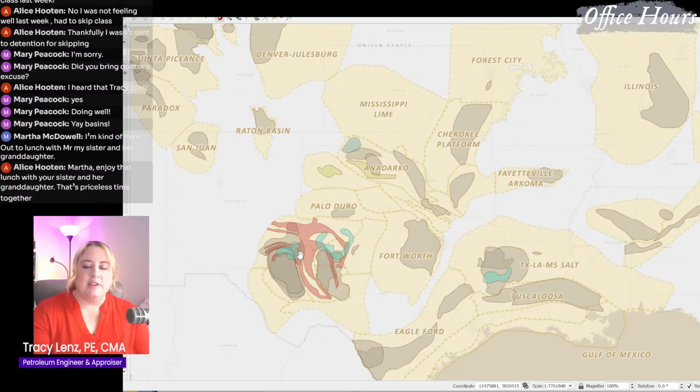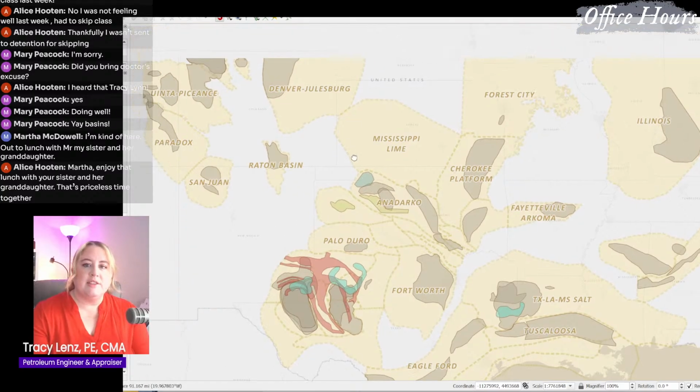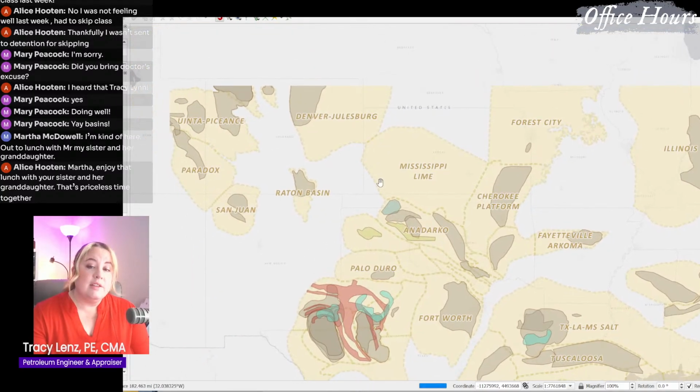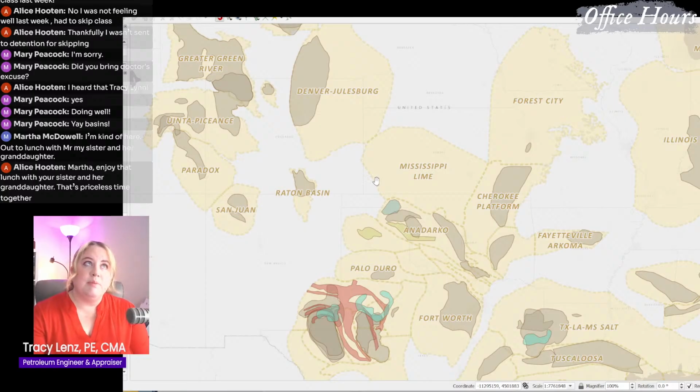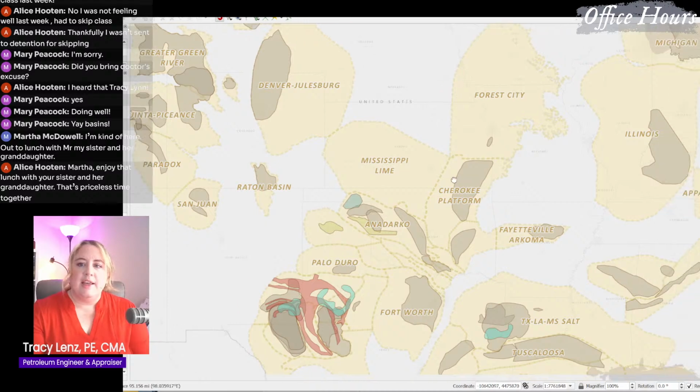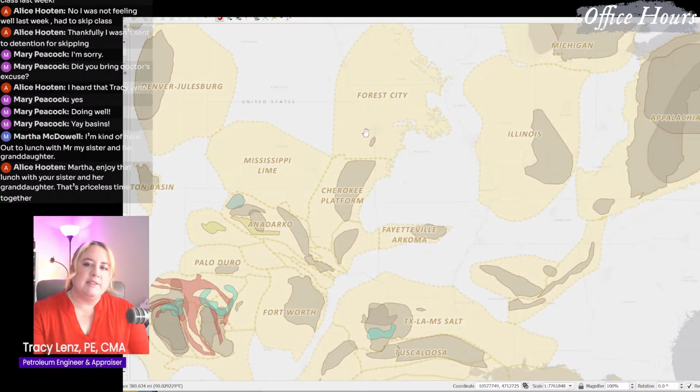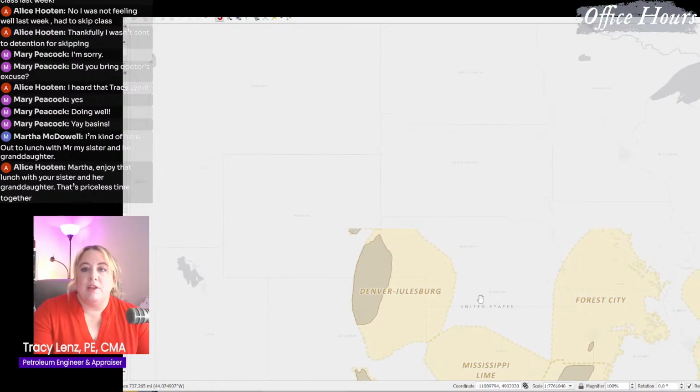That's what we're looking at here: these sedimentary basins are the places that oil and gas are most likely to be found, and that's these yellow outlines. Some basins have several different names depending on how you're looking at it, from a geologic perspective, a production standpoint, or a political standpoint.